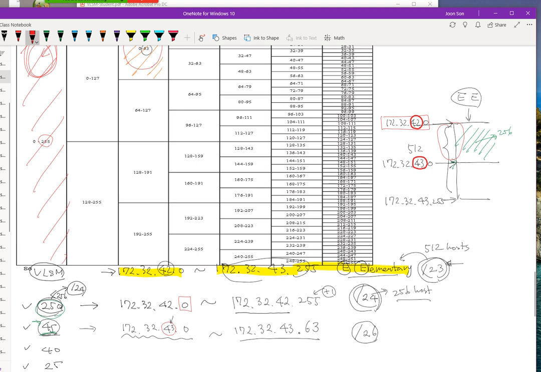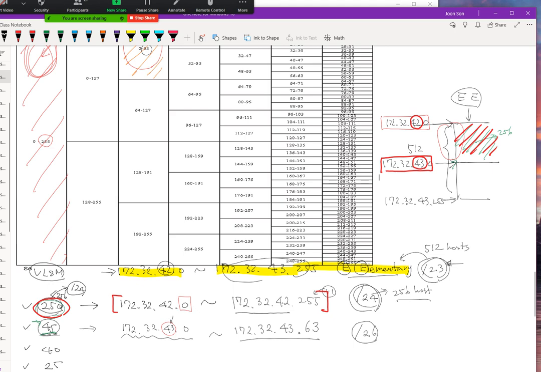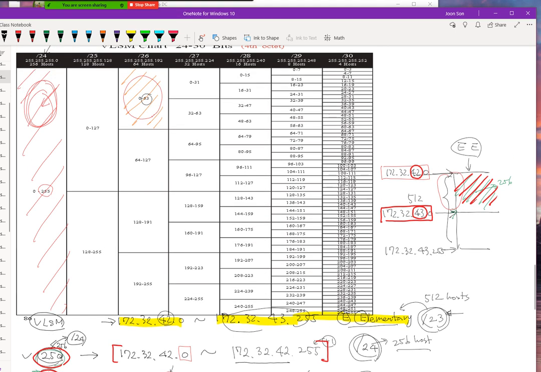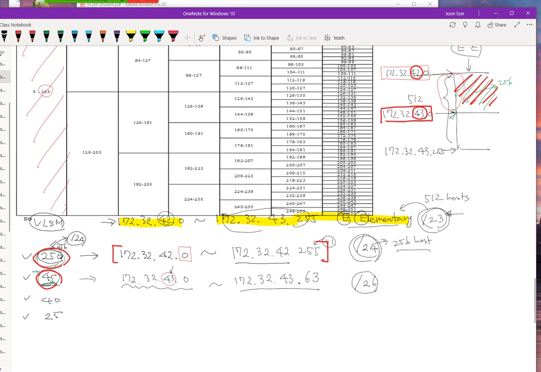And that's why we are done with this. With the 250, we are done with this. And now with the 43, we are starting with a new class C address. And then with the 45 requirement, we are basically using this, all up to 43.63.